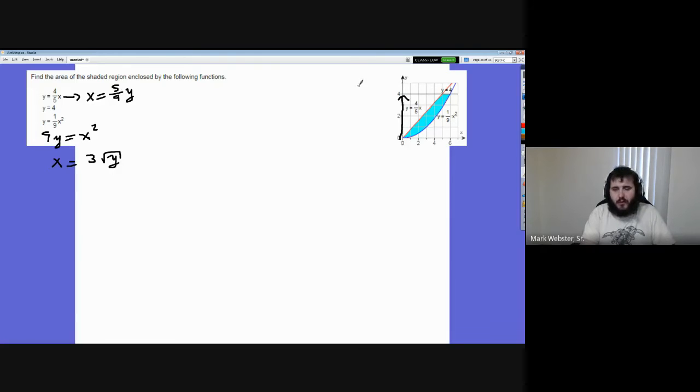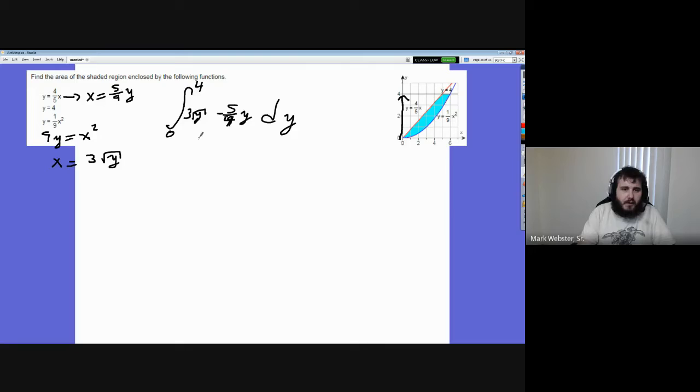So now really what it is is top minus bottom. So from 0 to 4, because we're doing it in terms of y now, we can do it all in one: 3 radical y minus 5/9 y. And so when we do this, we integrate, just double checking everything. That's a 4, not a 9.